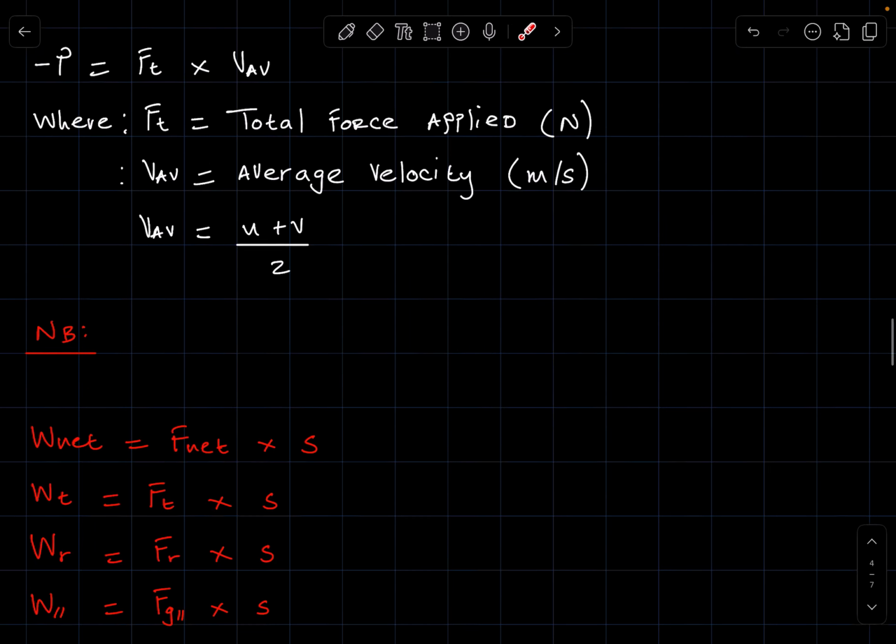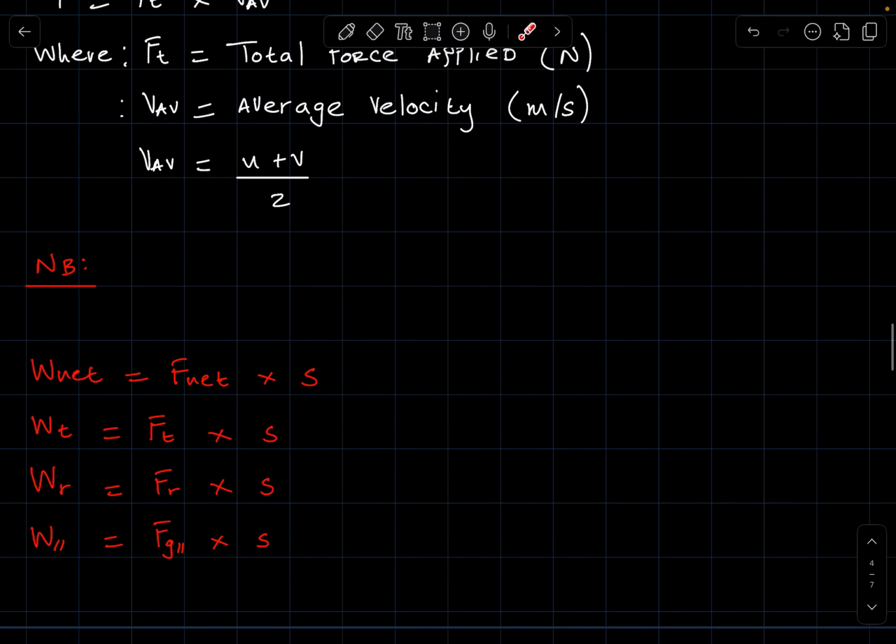Now just take note that in terms of work done, if you have a force, there is always going to be some work done due to that force. Meaning, if you have F net, it means you will have W net.